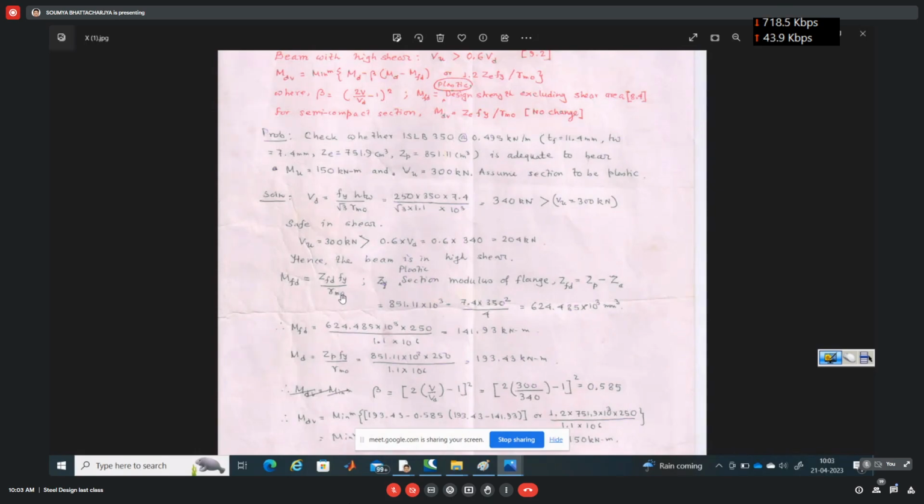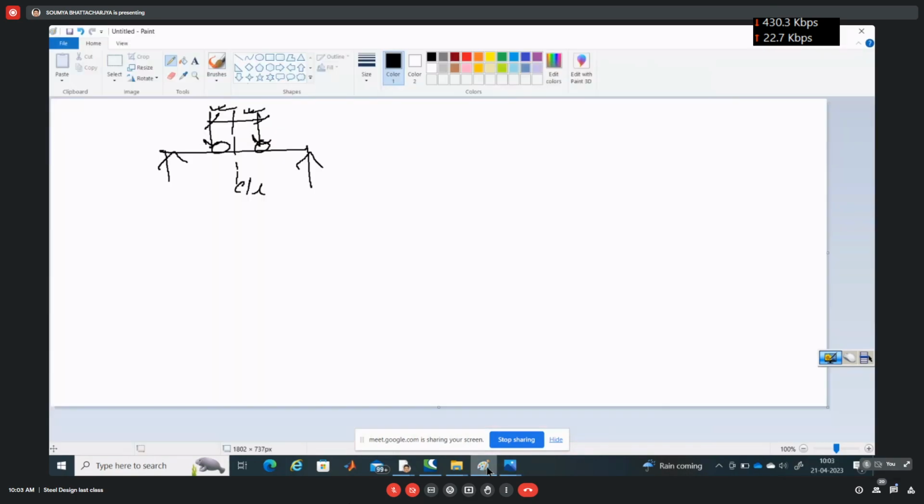Design strength of the flange only is the plastic section modulus of flange only into Fy by gamma m0. Plastic section modulus of flange is equal to the overall plastic section modulus of the section minus the plastic section modulus of the web. The overall plastic section modulus is given in the problem. For the web part, what is the plastic section modulus?